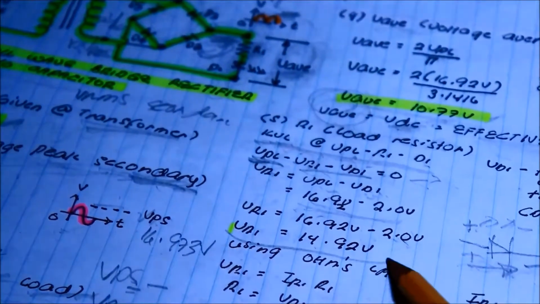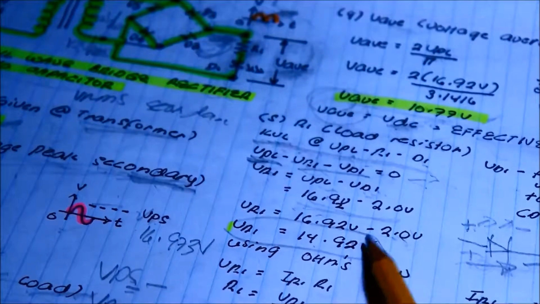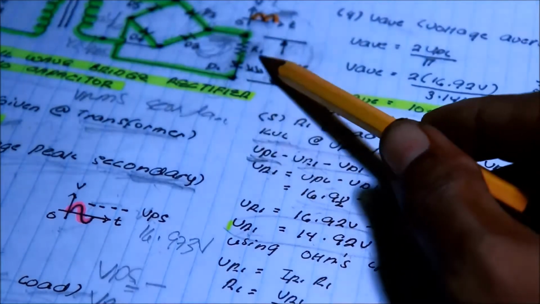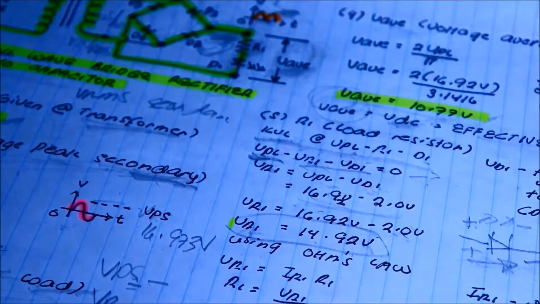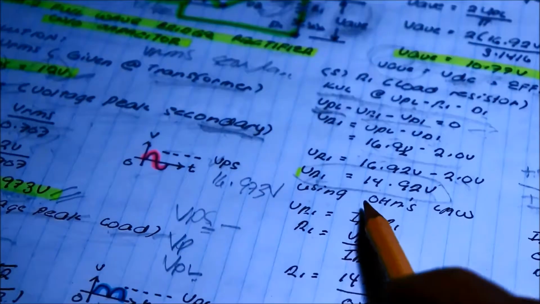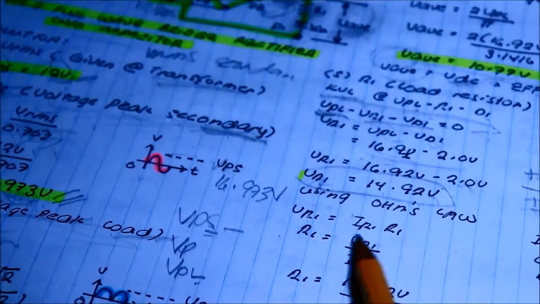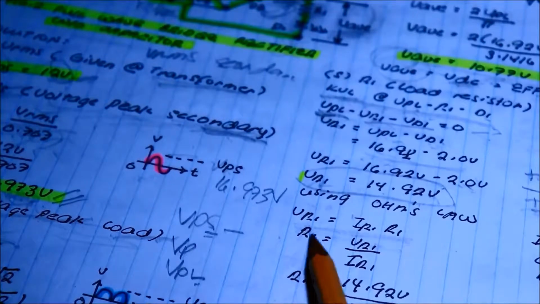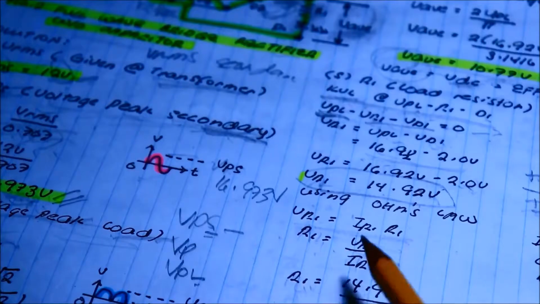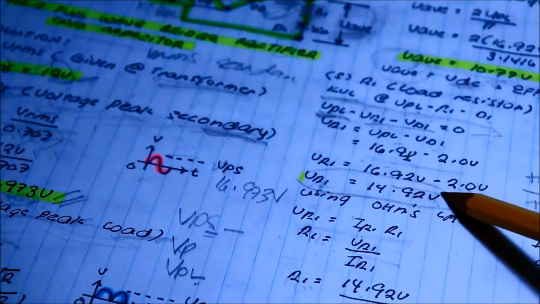And we get a voltage drop of 14.92 volts at R1, our load resistor. Okay, using Ohm's law, V is equal to IR. In terms of R1, R1 now is equal to V over I. R1 by substitution, we know that 14.92.